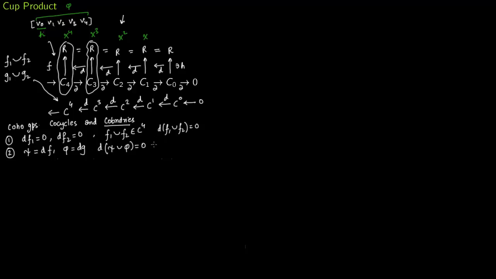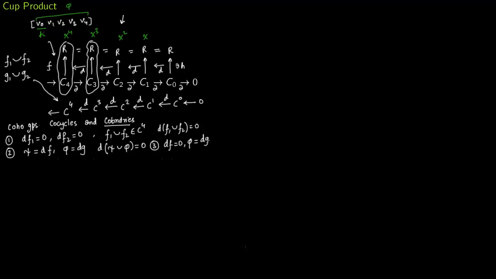And the third thing is, say you have a coboundary and a cocycle. So say df is 0, that is, f is a cocycle, and say varphi is a coboundary.